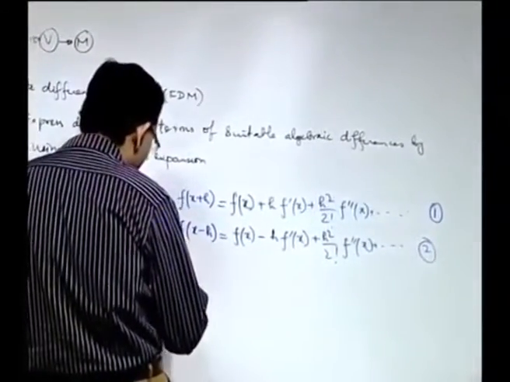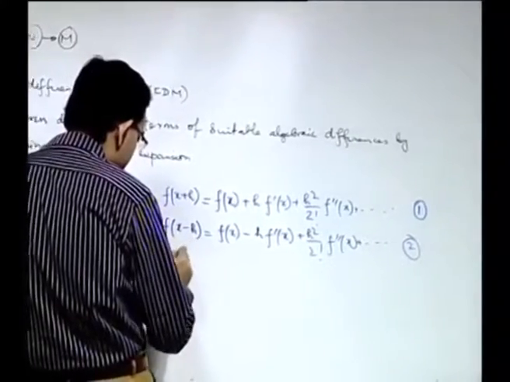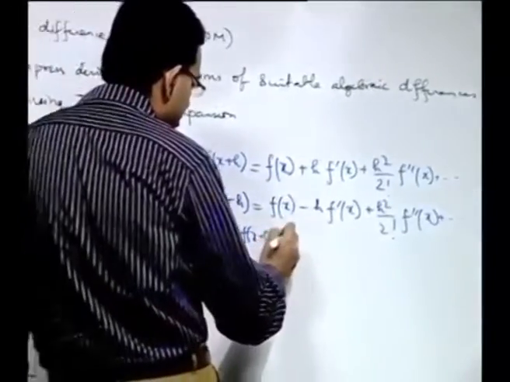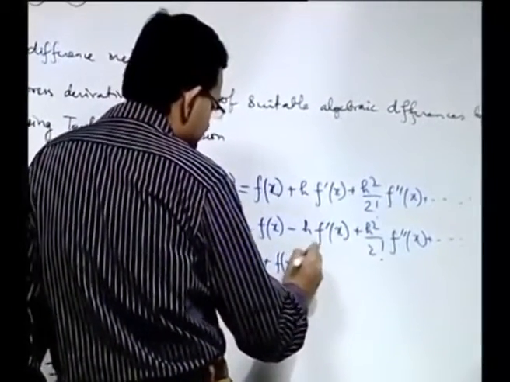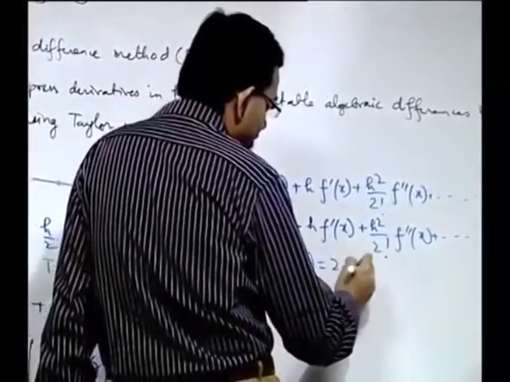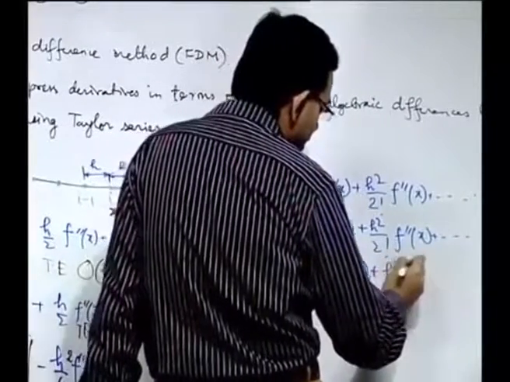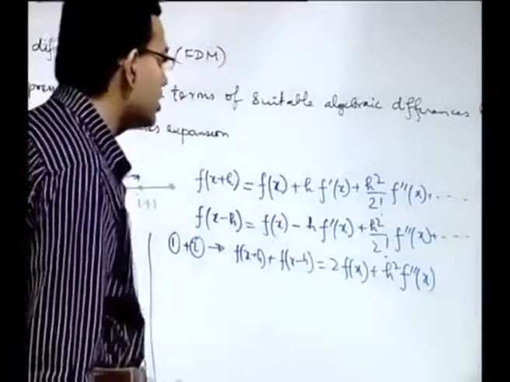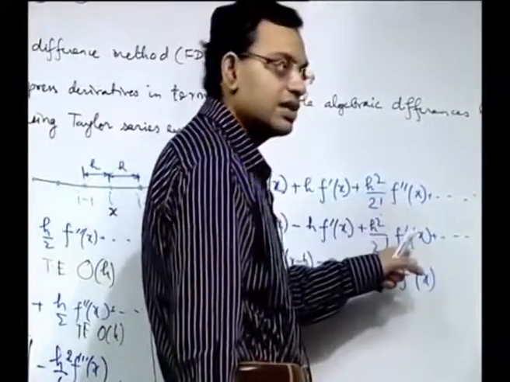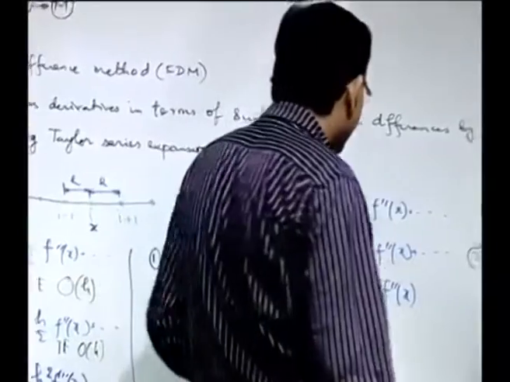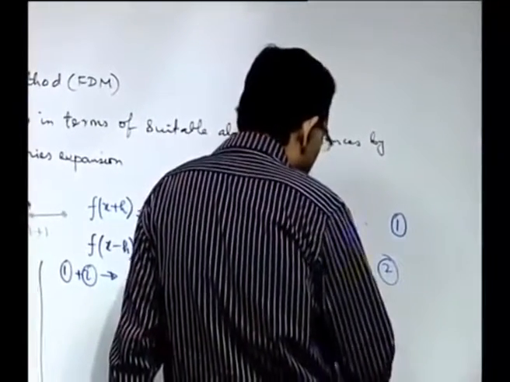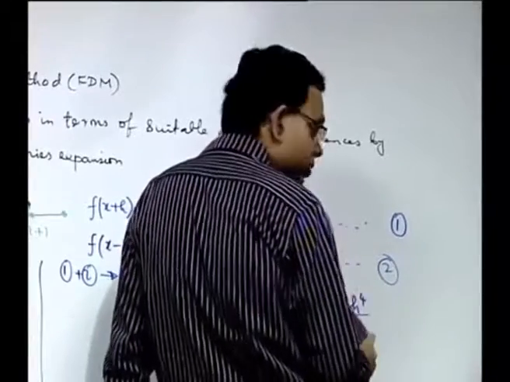If you add 1 and 2, you get f x plus h plus f x minus h is equal to 2 f x plus h square f double dash x, then the h cube by factorial 3 term gets cancelled out. So, you have h 4 by factorial 4 into 2, that means h 4 by 12.